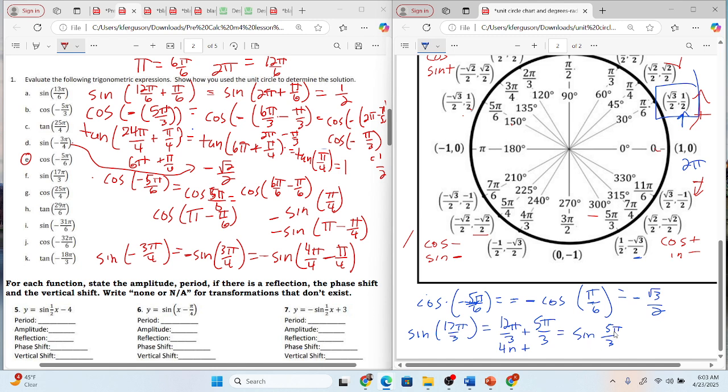So I've got sine of 5 pi over 3. I can think of stuff that adds or subtracts in this one. So I could say 6 pi over 3 minus pi over 3.